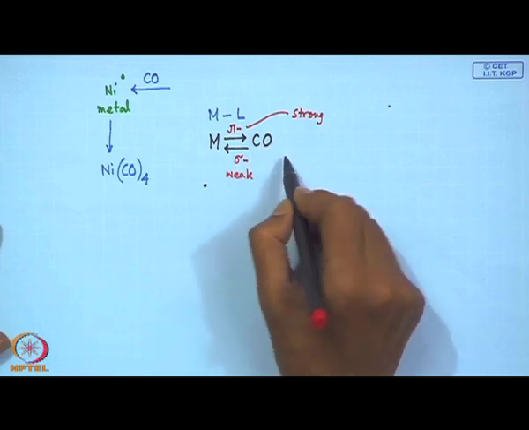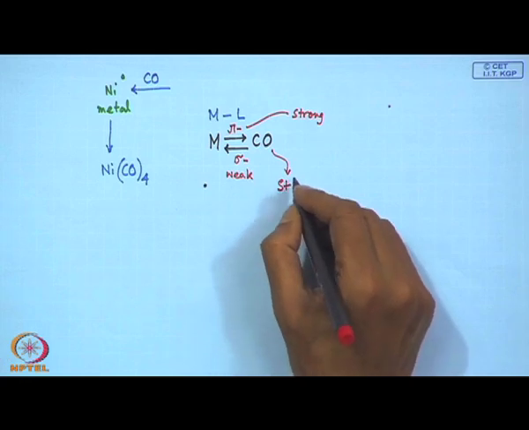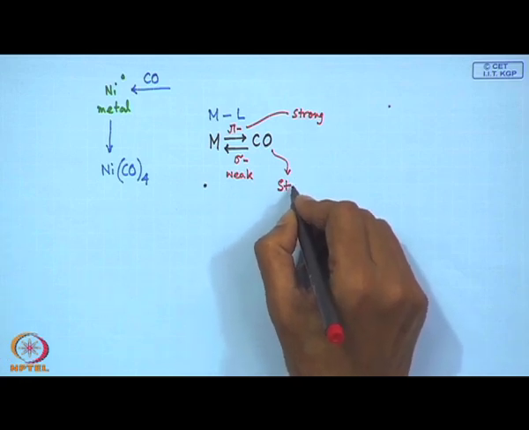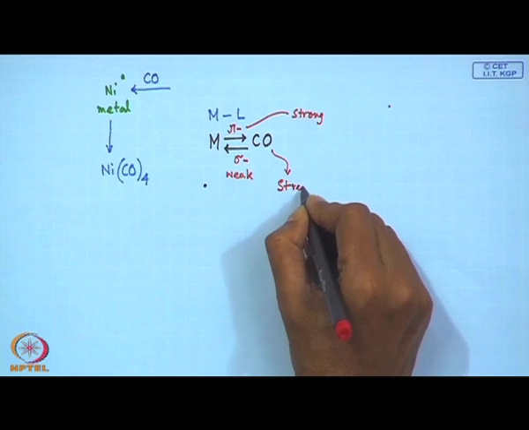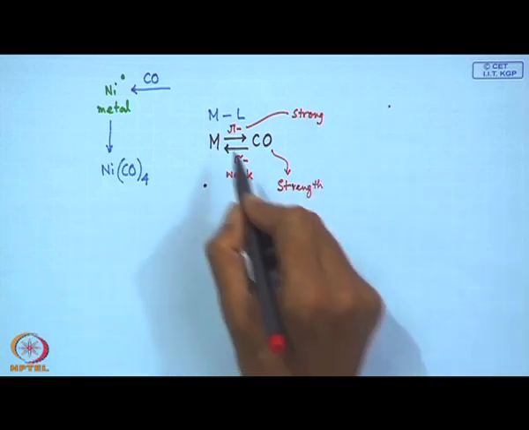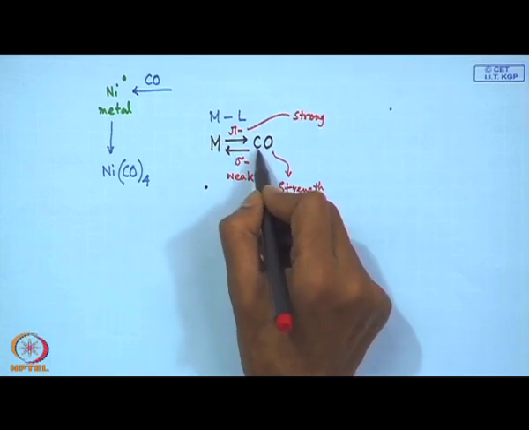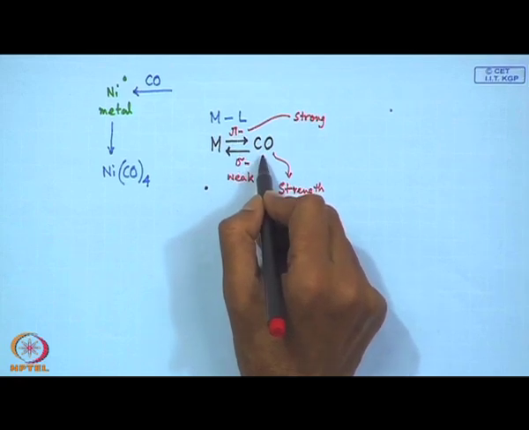So, the nature or strength of the ligand, which we consider for classification in the spectrochemical series, will be controlled by the amount of strong pi acceptance from the metal orbital to the pi star level of the carbon monoxide molecule.